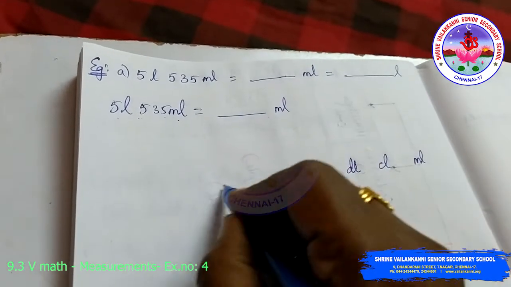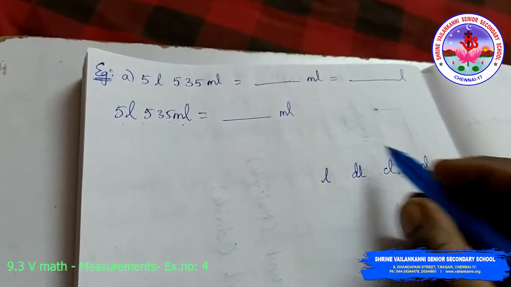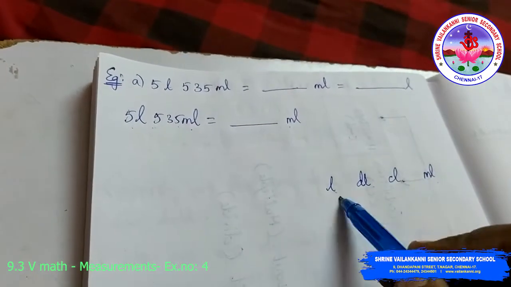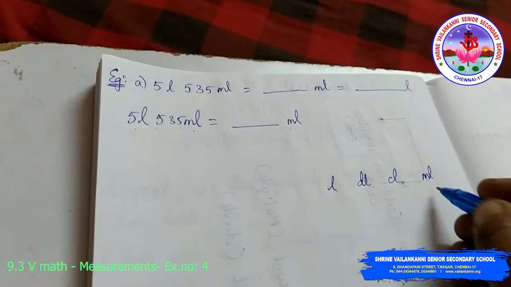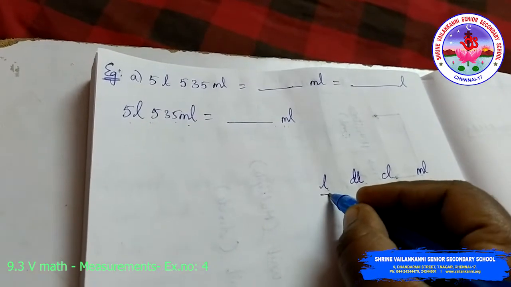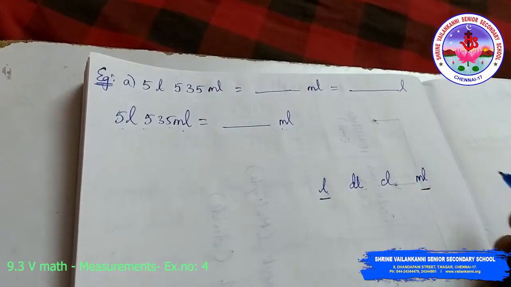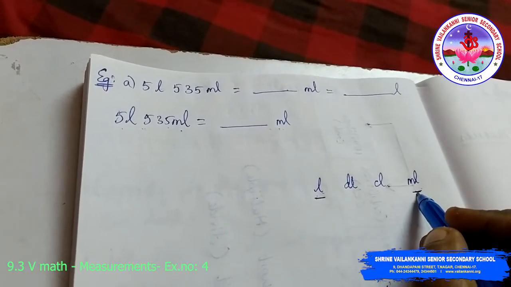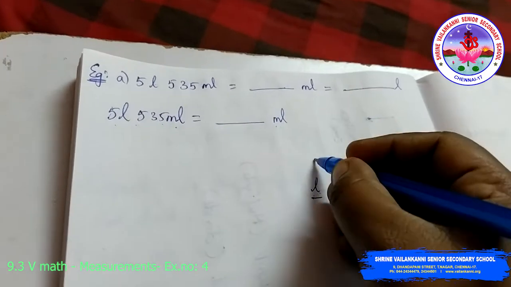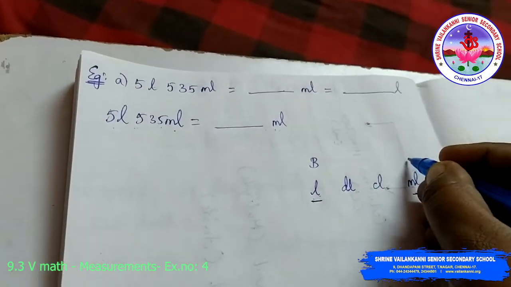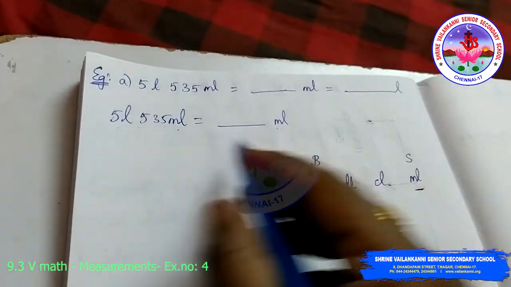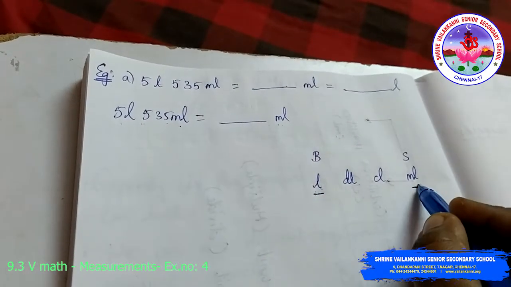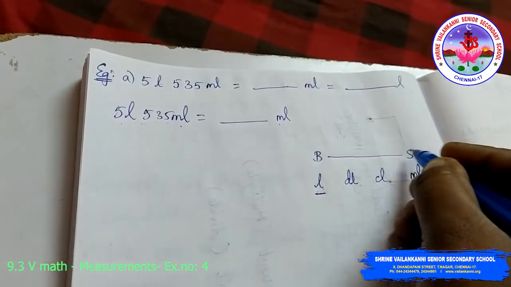And if you want, you can also write the rest of the units. Since we have only 2 units, liter and milliliter, I have written those alone. Here we convert from liter to milliliter. First compare these 2 units, which is big and which is small. Liter is bigger, milliliter is smaller. So liter to milliliter is big to small.